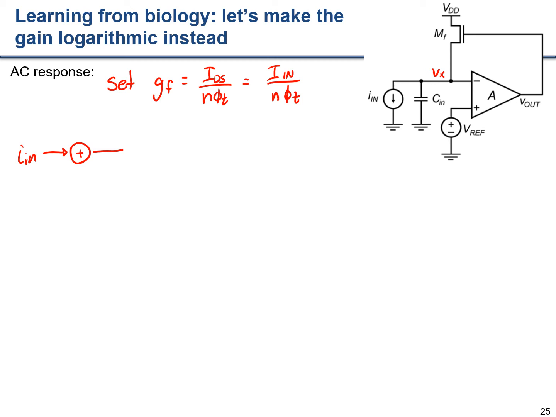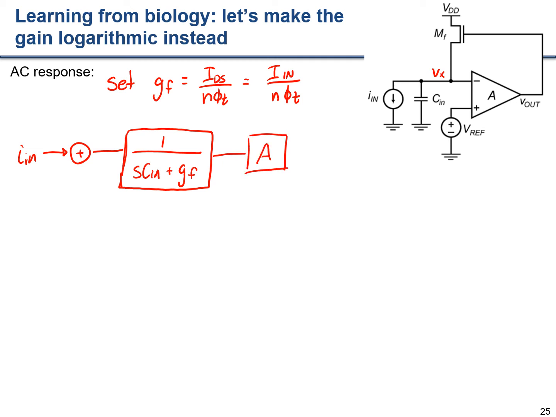Now, if you recall, the impedance looking up into the source of an NMOS transistor is just 1 over GM. In this case, GF due to this subthreshold circuit. So we can say that the driving point impedance here is 1 over SCN plus GF. Now you could derive this from the small signal model if you liked. This is just a quick way to get this answer.